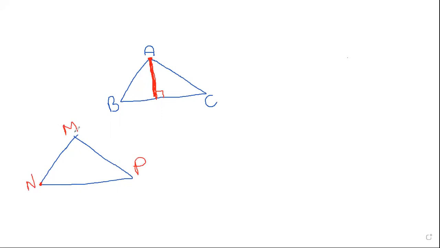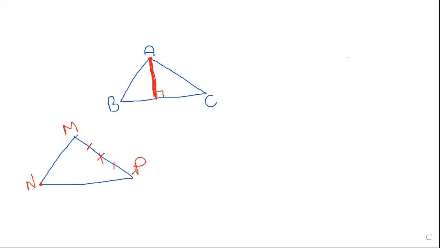N is the vertex, so the opposite side is the side MP. We need to find the midpoint of side MP, a point in the middle of the segment. To find it, we divide the measure of the segment by 2.